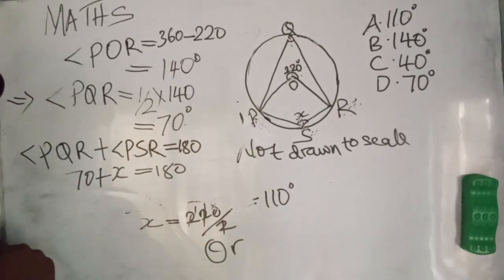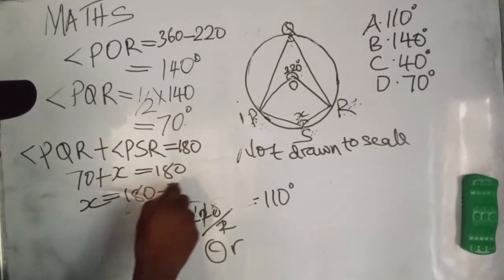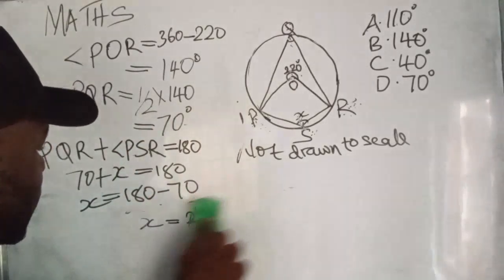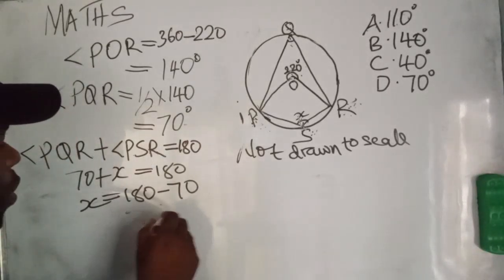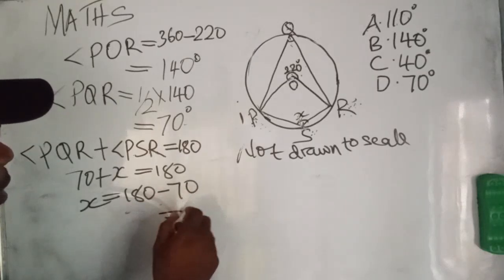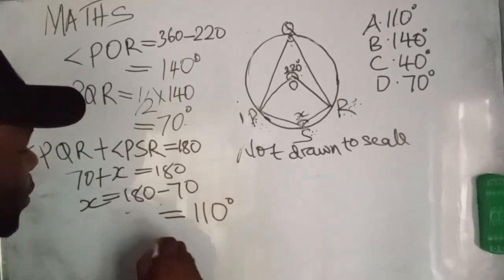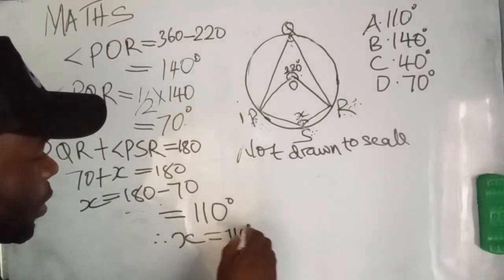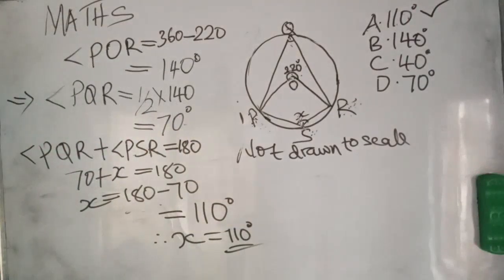Making X the subject of the formula, X is equal to 180 minus 70, which is 110 degrees. Therefore, X equals 110 degrees, and this becomes your answer. Option A is the correct answer.